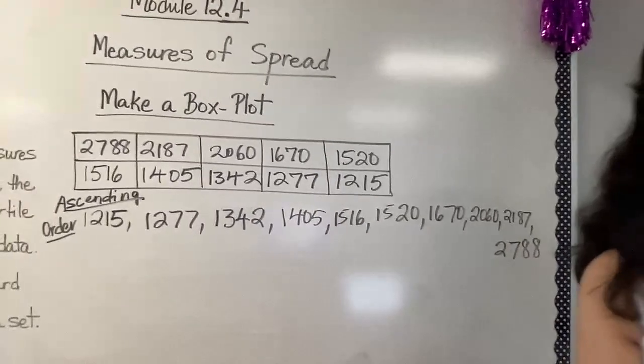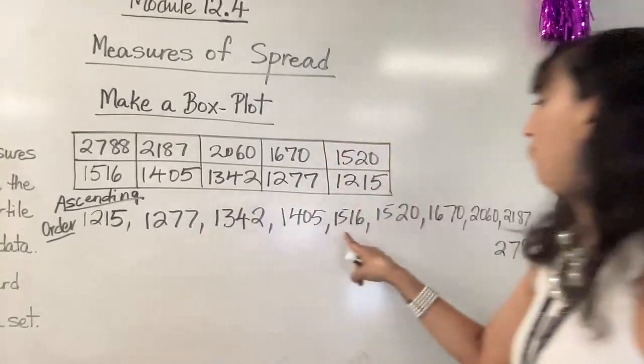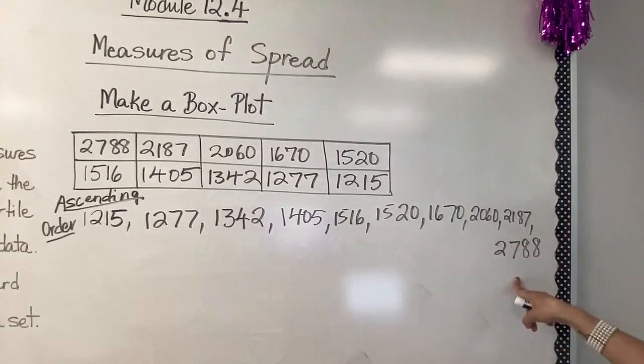Okay, so these are the values. So we have 2, 4, 6, 8, 10. 1, 2, 3, 4, 5, 6, 7, 8, 9, 10. So that is the first step we always need to do, is put it in the correct order.